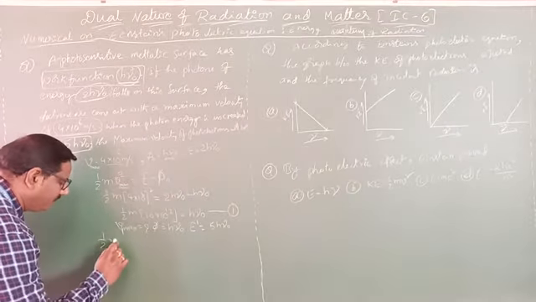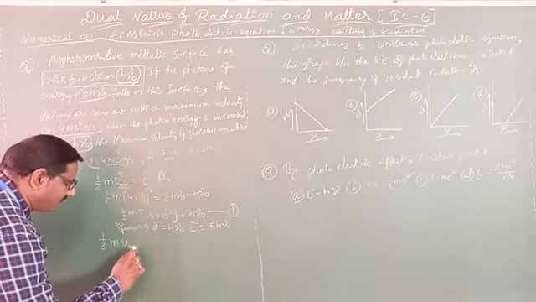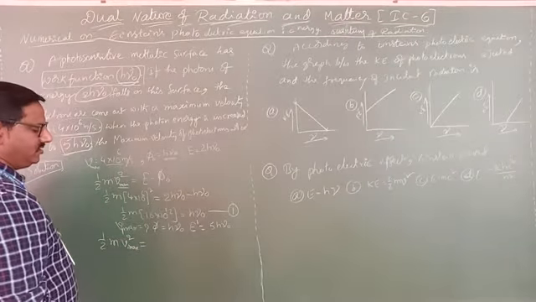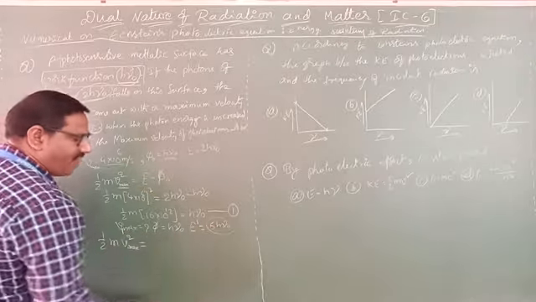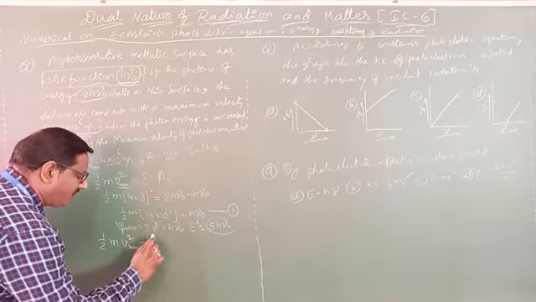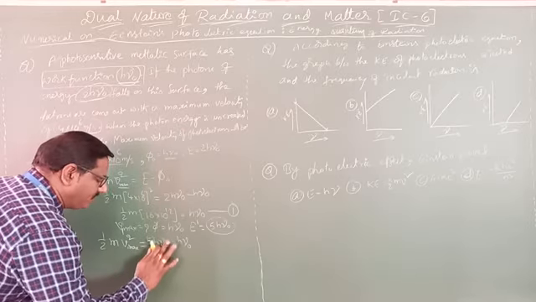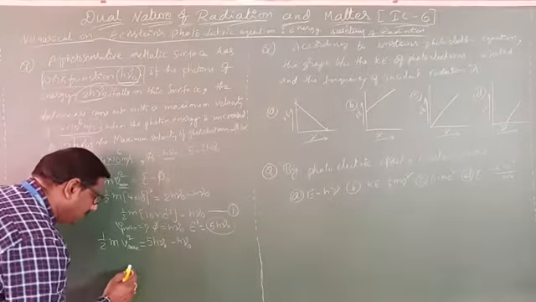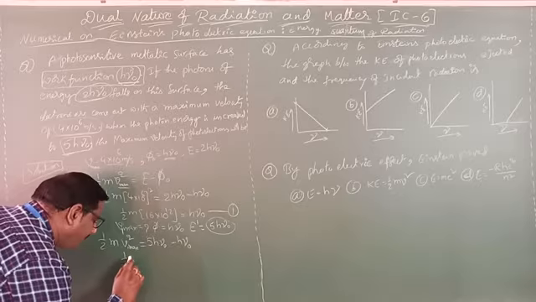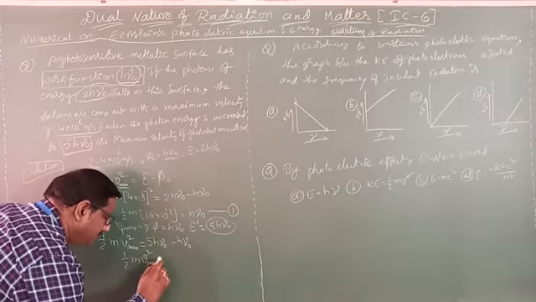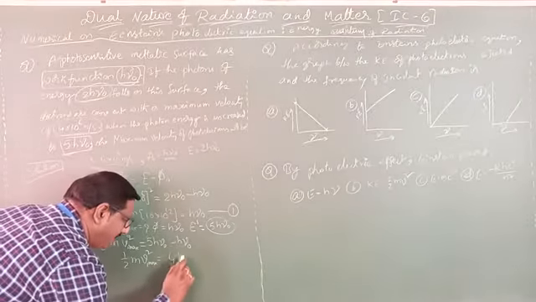Half m V1 maximum square equals 5 h nu naught minus h nu naught, which is nothing but 4 h nu naught.